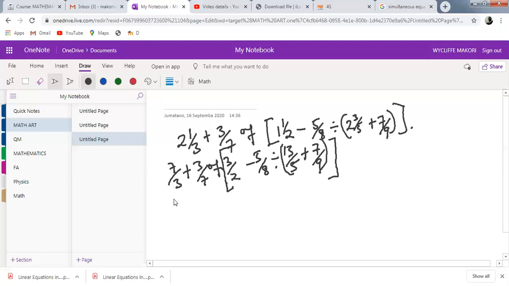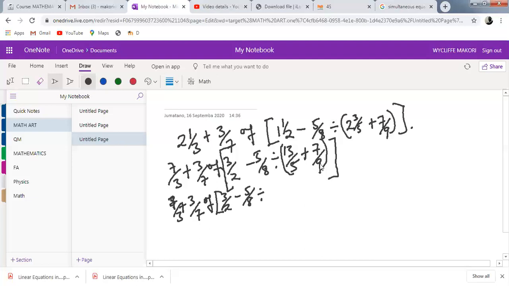So we shall have 7 over 3 plus 3 over 7 of 3 over 2 minus 5 over 8 divided by, then we need to work out this. This one is the same as what?